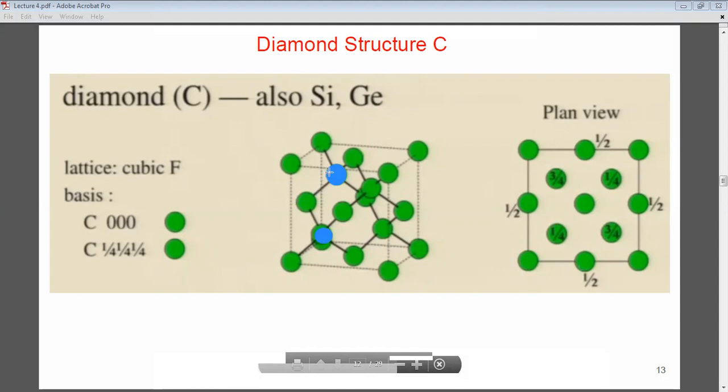But there are also these extra atoms that are somewhere in the middle of the cube, at heights 1/4, 3/4, 1/4, 3/4. This is a cubic F, but with a basis where we have carbon at 0, 0, 0, and there is carbon at 1/4, 1/4, 1/4.